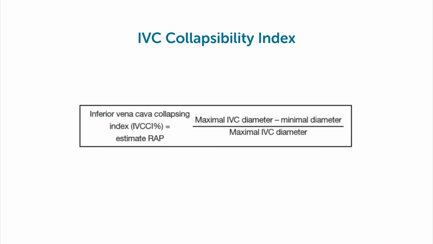It's not very different from the distensibility, and the only difference is the denominator of our formula. Here we can see the formula: the maximal diameter minus the minimal diameter divided by the maximal diameter, and we get the collapsibility index.